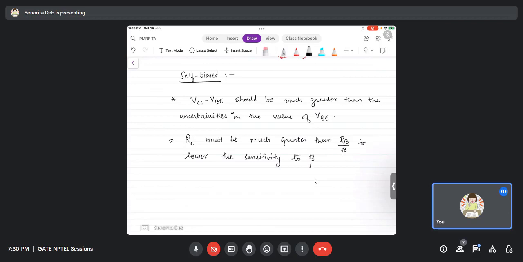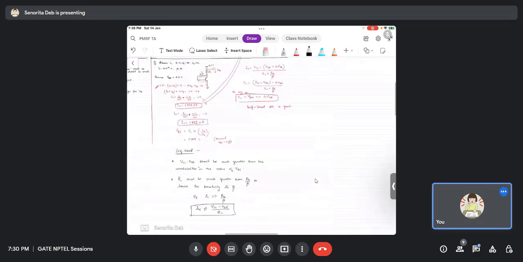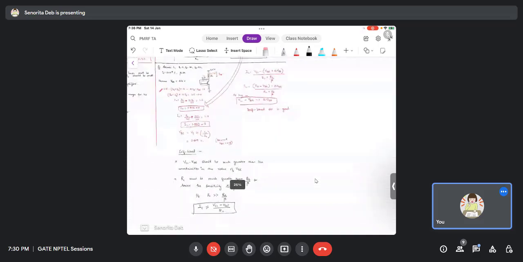So if RC is much greater than RB by beta, then the derivation that we did will come to an approximation made by this, and you see that it is completely independent of RB, which we are trying to make. In all the biasing circuits, that is what we are trying to do. We are trying to make it independent of RB. Let me make the font a bit greater.